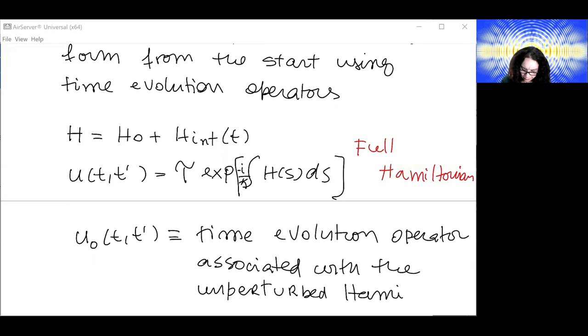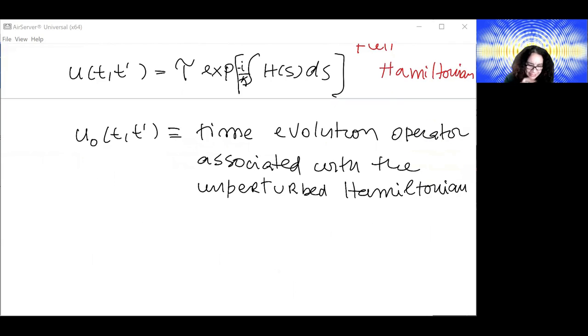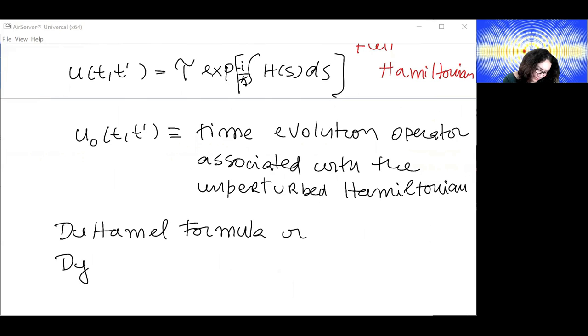One thing we can do that is exact is we can write, and in some places you find this as the Duhamel equation, in some places as the Dyson equation, okay? So I'm going to put both names. So we have the Duhamel formula, or Dyson equation.